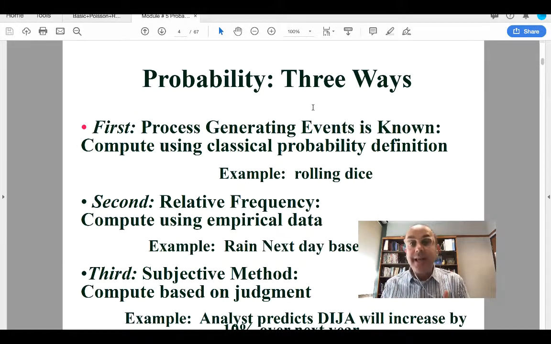Okay, so there are three ways to assign probability. We talked about that last time. The first is when the process of generating events is known, which is computing using the classical probability definition. Example, rolling the dice. The second is relative frequency. We usually use computing power to examine empirical data.